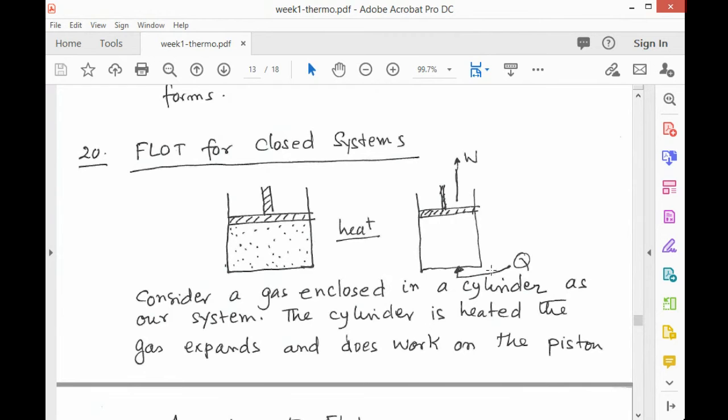Now we supply heat. When we supply heat, this piston can move, so the gas will expand and move up. When it moves up, it does some work on the surroundings, right? This is my system. So this is the energy in, this is the energy out, and there is the energy inside.